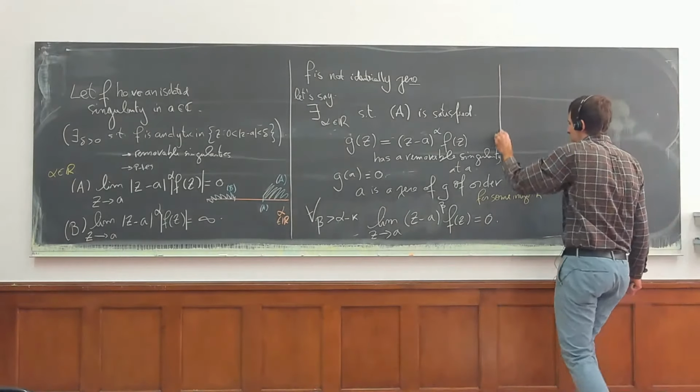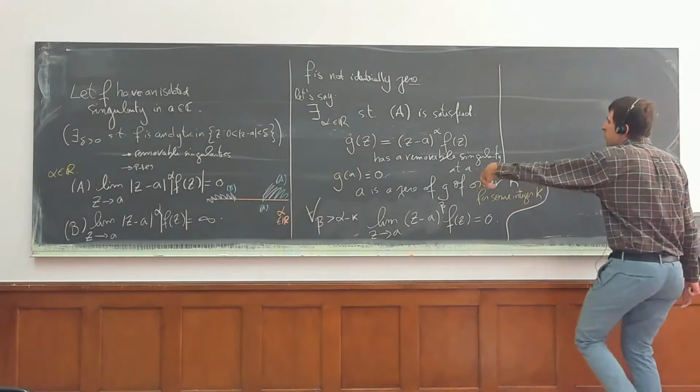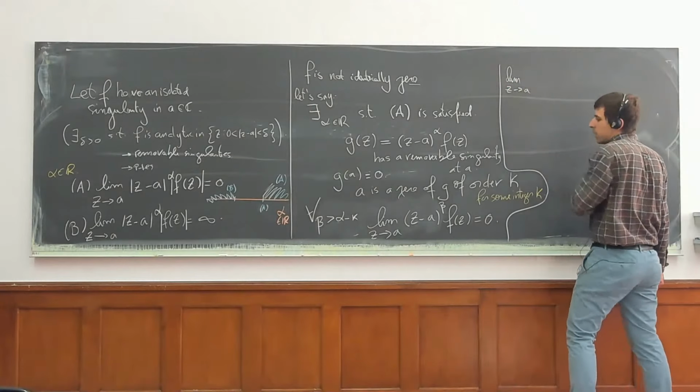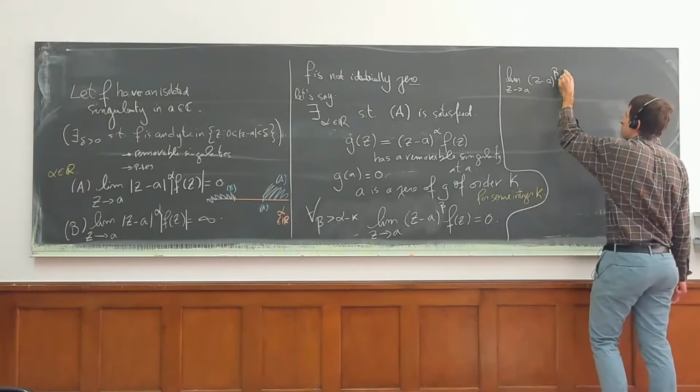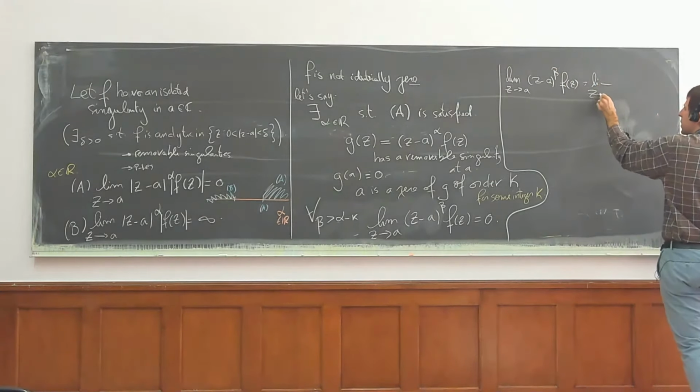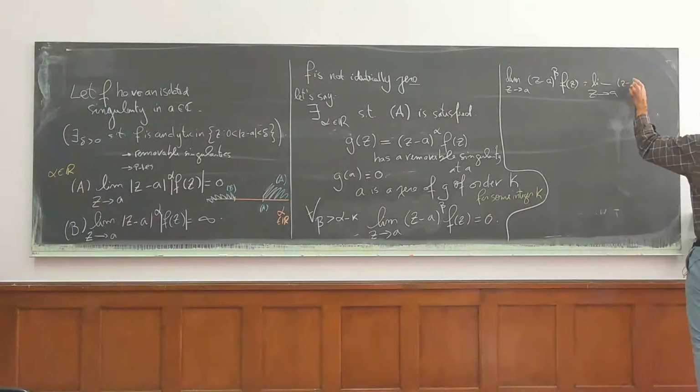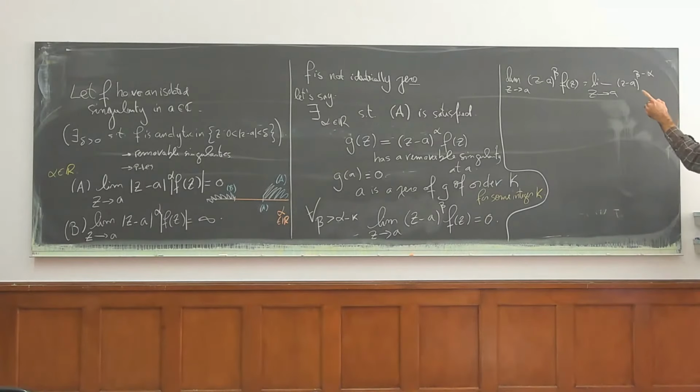Okay, why? Let's take this limit. This is equal to the limit of z minus a to the beta minus alpha, and then z minus a to the alpha times f of z, so this is g of z. But we know that this number is bigger or equal than minus k, and because g has a 0 of order k, if I'm multiplying by something that doesn't remove completely the 0, it's bigger than minus k, so it's not more negative than minus k, then the limit of this needs to be 0.